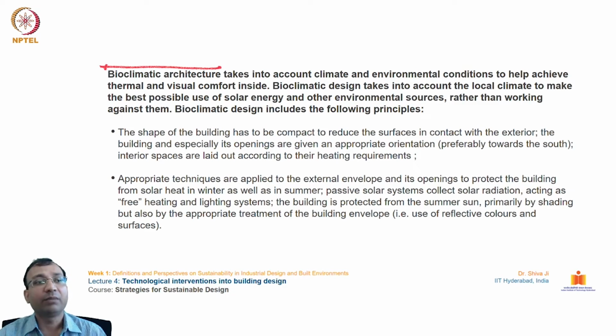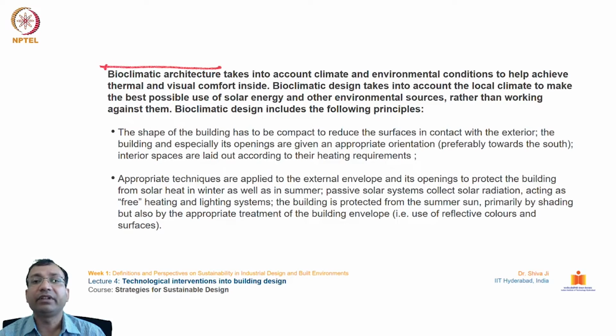The second one, appropriate techniques are applied to the external envelope and its openings to protect the building from solar heat in winter as well as in the summer. Passive solar systems collect solar radiation, acting as free heating and lighting systems. The building is protected from the summer sun primarily by shading, but also by appropriate treatment of the building envelope, such as the use of reflective colors and surfaces.